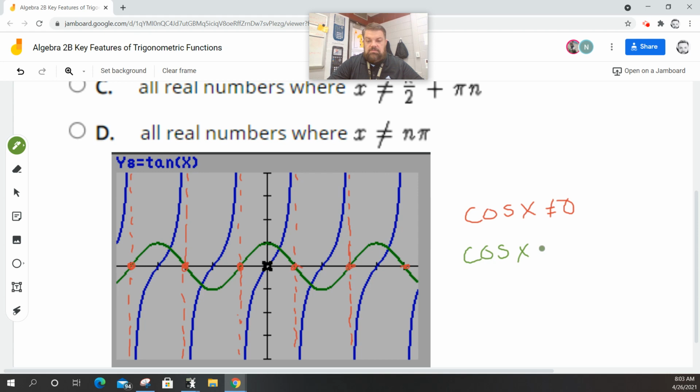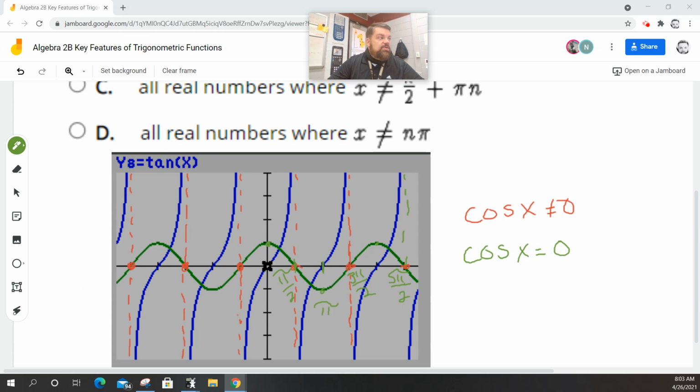Cosine of x, if this is 0 and it has a period of 2 pi, then right here would be pi, right? And then right here would be half pi. So then this would be 3 pi over 2. This would be 5 pi over 2. So it's an odd number of pi over 2, and then the same in the negative direction.